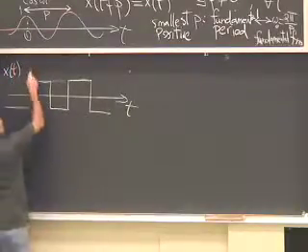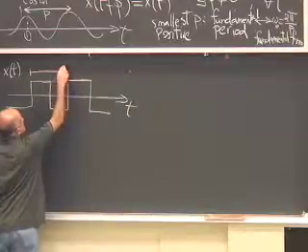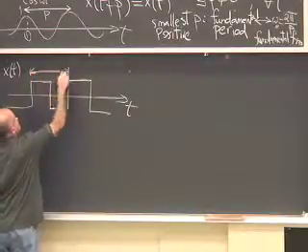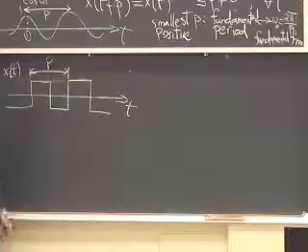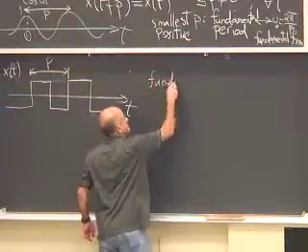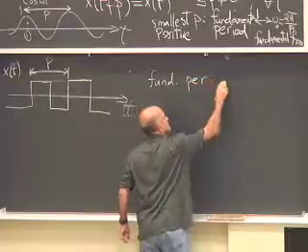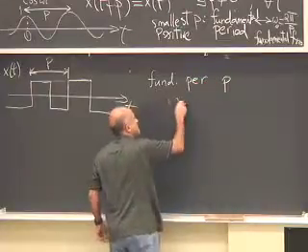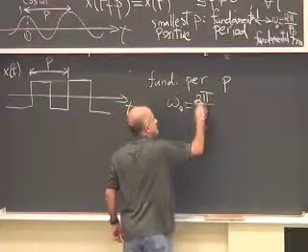Okay? And the distance between the starting edge of two peaks is the same p as above. And this signal, too, will have fundamental period p and fundamental frequency 2 pi over p.